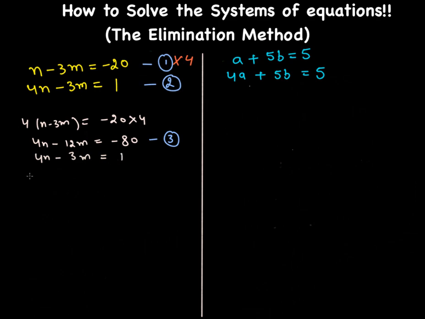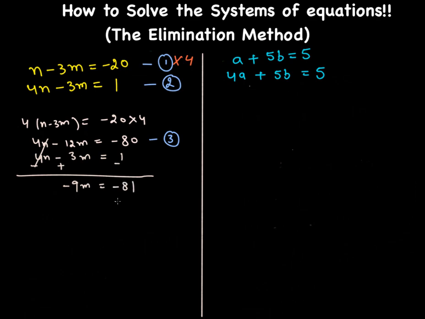Since we are subtracting, this 4n will turn negative, the negative 3m will become positive, and this 1 will become negative. So let's do the math. 4n minus 4n cancels out, and negative 12m plus 3m gives me negative 9m, which is equal to negative 80 minus 1, which gives negative 81.